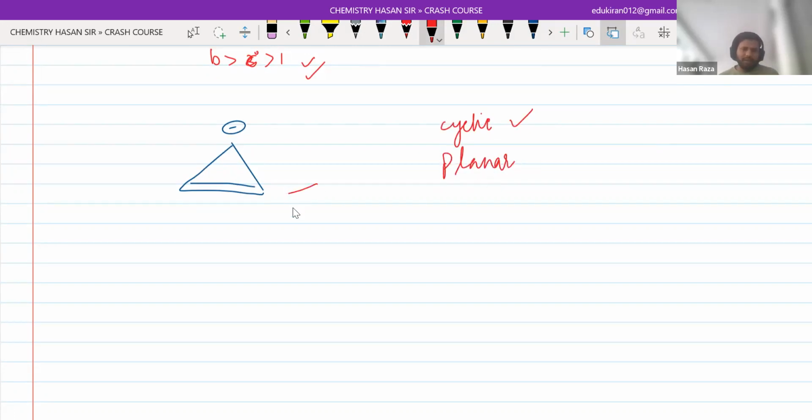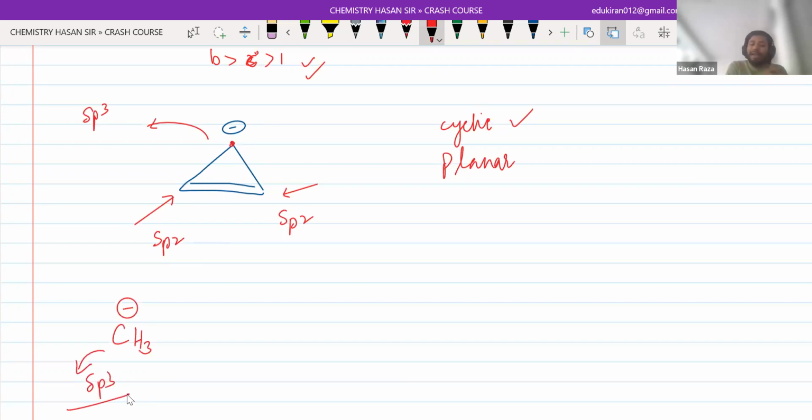So you can see this is your sp2, and this is also your sp2. This is also your sp2. But generally, students take it as sp3 because you have seen in ESP negative, this is sp3. 3 sigma bond, 1 negative charge, that means lone pair sp3. But it is not. Why?